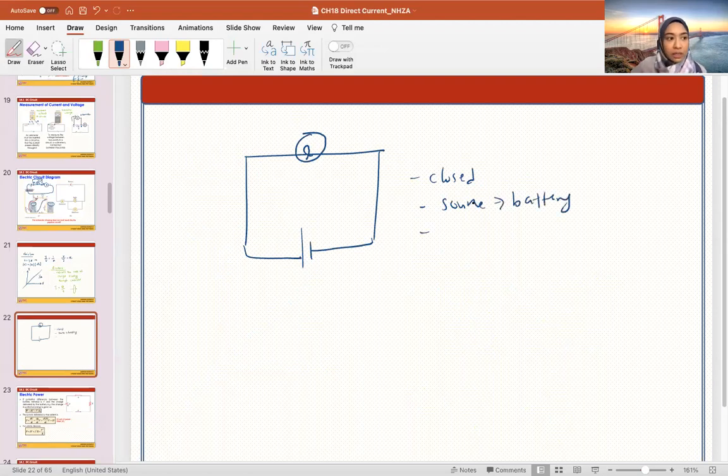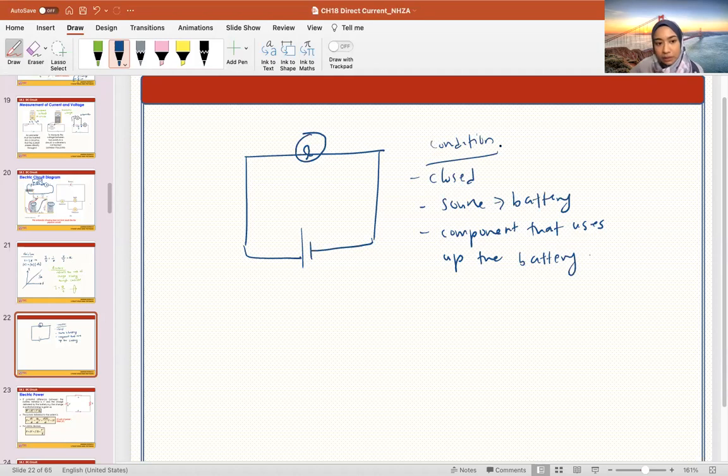And there is a component that uses up the energy, the electric potential energy of the battery. So this is the condition for a circuit to work.